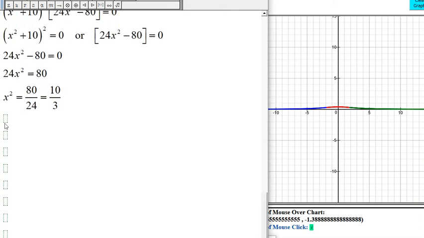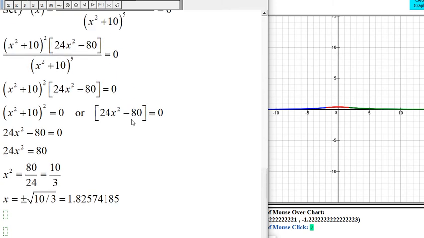And now take the square root of both sides, and we get x equal to the square root of 10 over 3, which is 1.82574185. And that's what we saw right here. This right here is the square root of 10 over 3, or 1.8257 negative, and then positive over here.